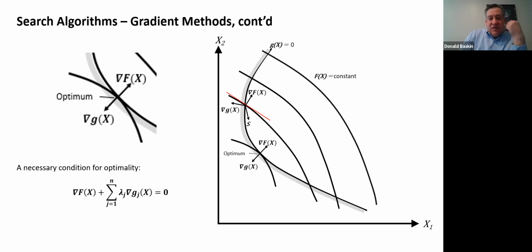Okay, you then know that, because the gradient of the constraint function and the gradient of the objective function are facing different directions, when you hit a minimum, those two would cancel each other out. They would go to zero. So that's something that's necessary to know that you've hit optimality, right?